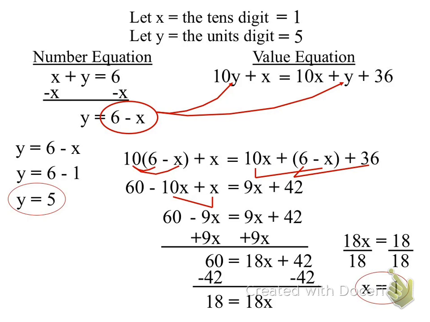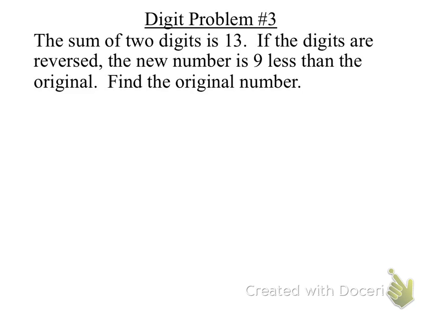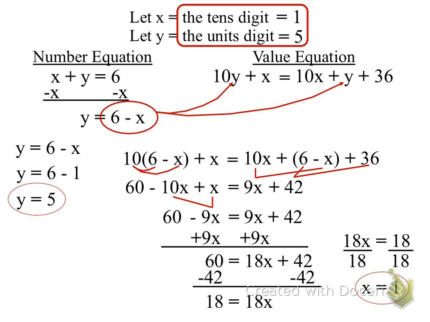The original number is 15, because it's x and y. So those are digit problems.